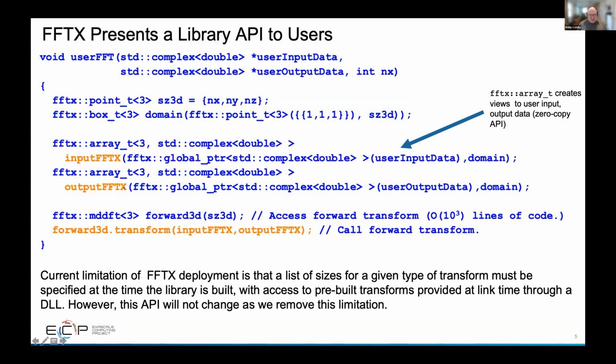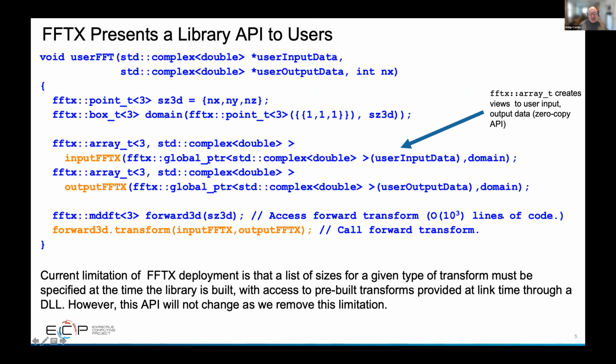Similarly for the output. Now, once you have that view of the user data coming in, what does actually calling an FFTX transform look like? Well, we have a class MDDFT 3-dimension, which is multi-dimensional discrete Fourier transforms in 3 dimensions, and we create an object of that class with this size 3D, so this box going 1 to nx.